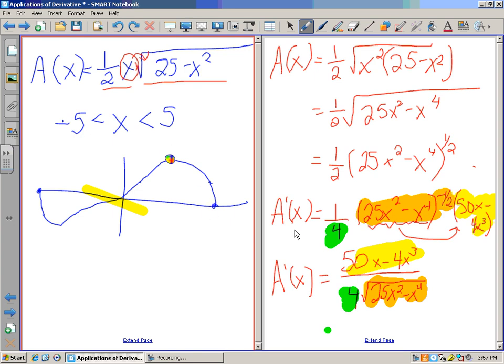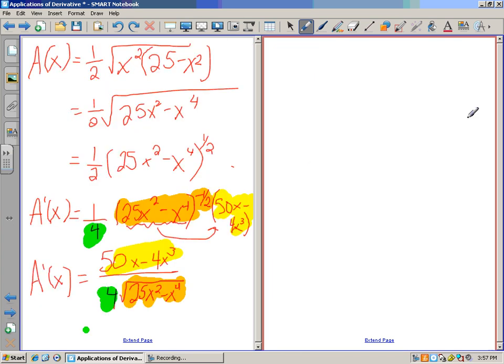Our critical points are going to be important because we can see this second critical point where the derivative equals 0 is a maximum. So let's find it. Let's find where the derivative equals 0. So I can write that A prime of x equals 0, and that would equal 50x minus 4x cubed.